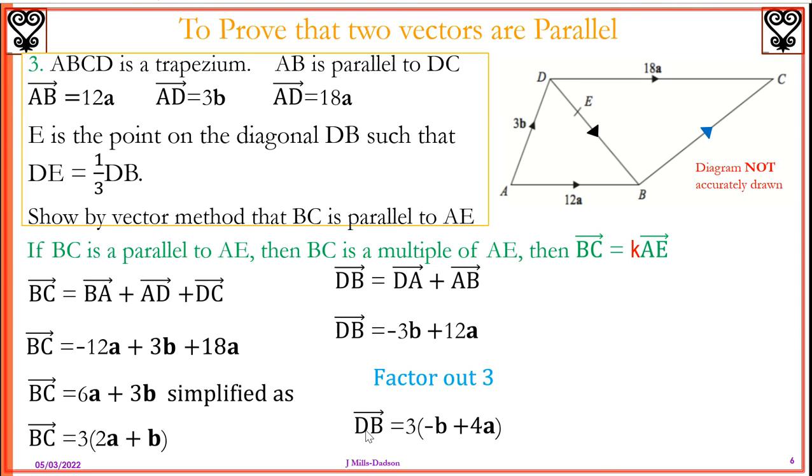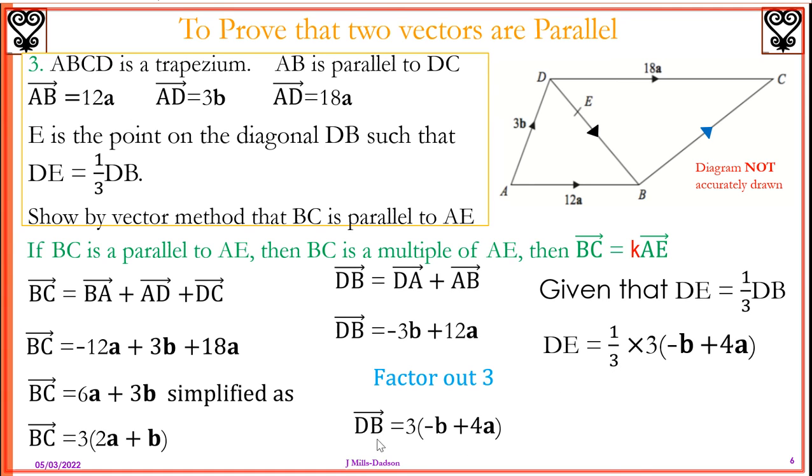Now that we know what vector DB is, we'll be able to actually know the vector DE, because we've been given that DE is a third of DB, as is in the question here. So we need to work out a third of this vector. And when you work it out, you have DE is equal to negative B plus 4A.